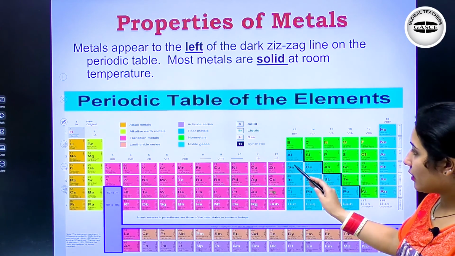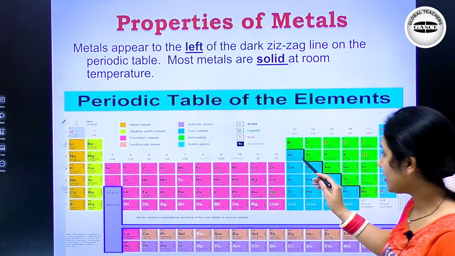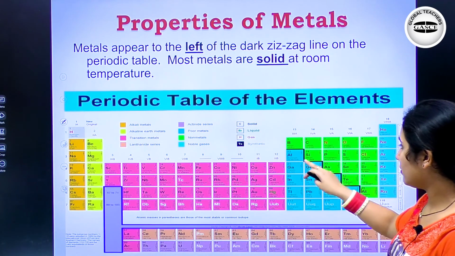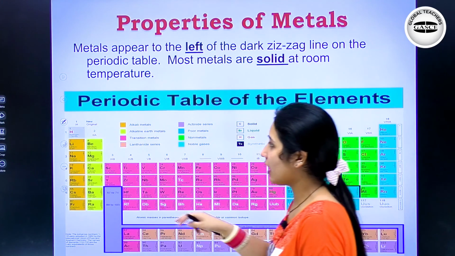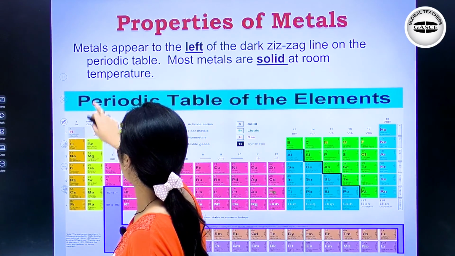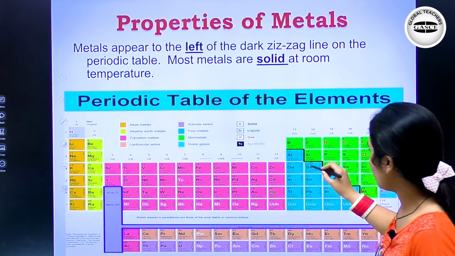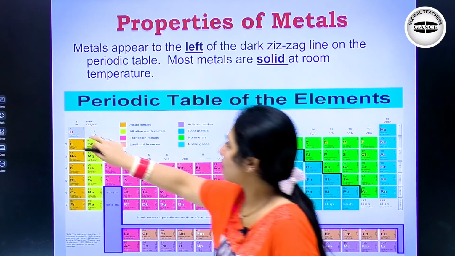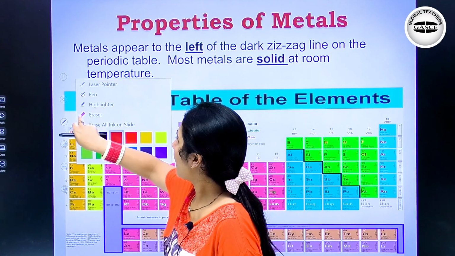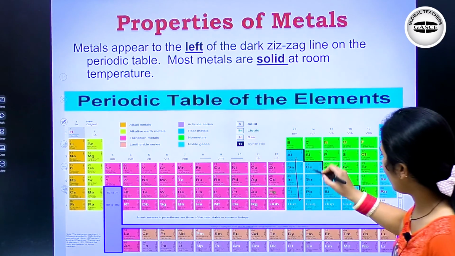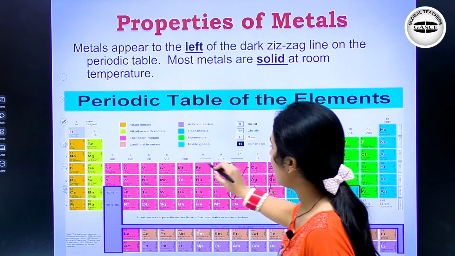So whatever elements are there on the left side of this solid zigzag line, they are basically metals. This whole portion is metals. Okay, they all are metals.